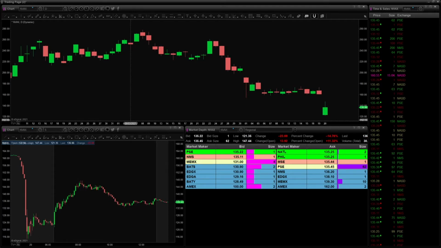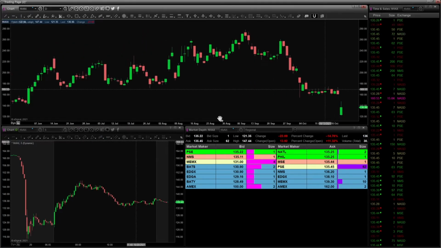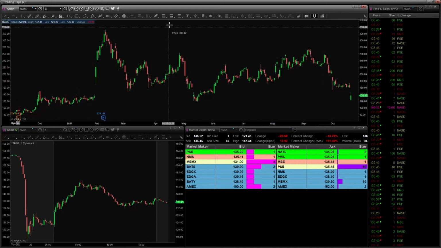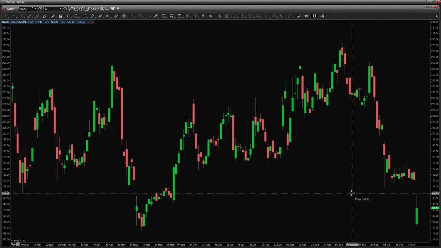So I'm going to do the pivots on Novavax, which was on a lot of people's watch lists for today. I'm going to open up the daily chart, and I'm just going to quickly go through. This stock was gapping this morning.